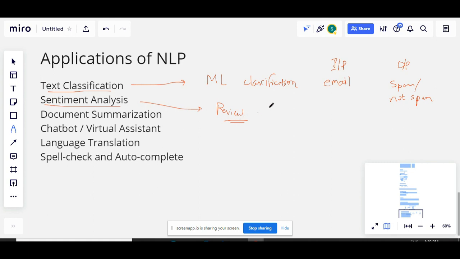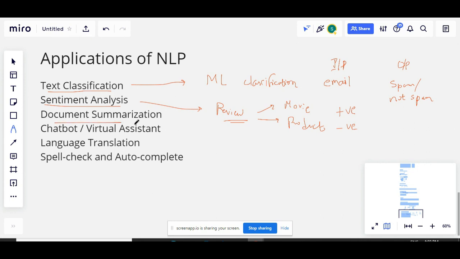This review can be a review of a movie, or of any product. We just have to predict whether it is a positive or a negative review. So once again, it is just text classification, where we classify whether the review is positive or negative.